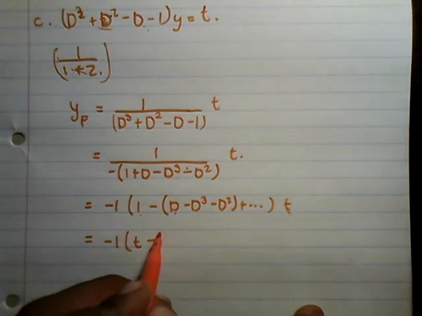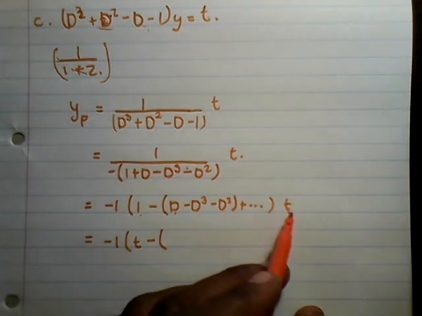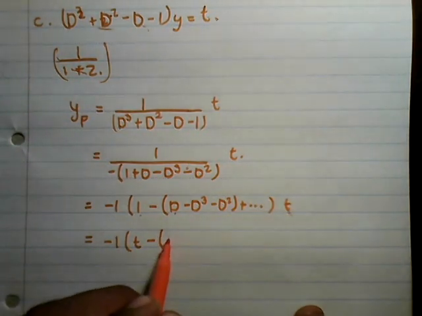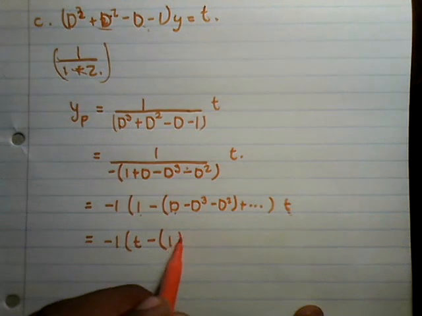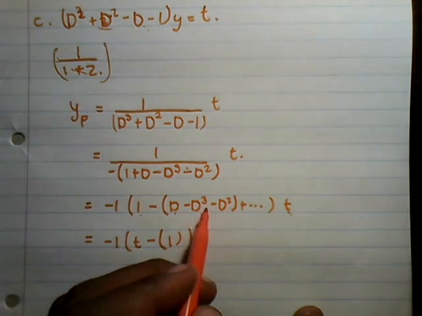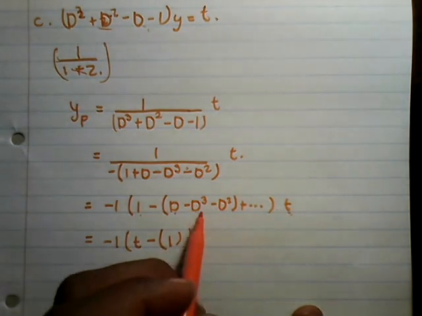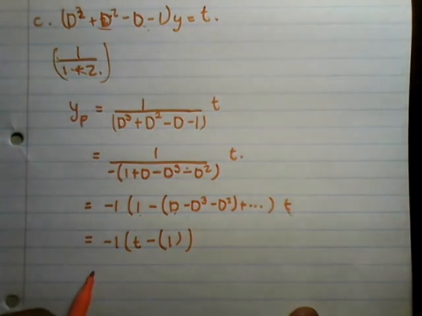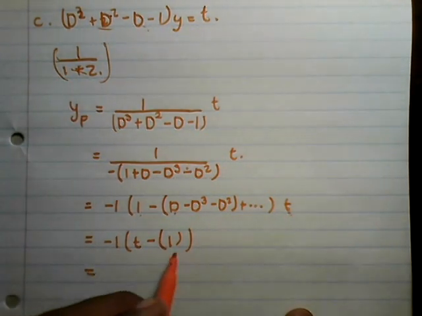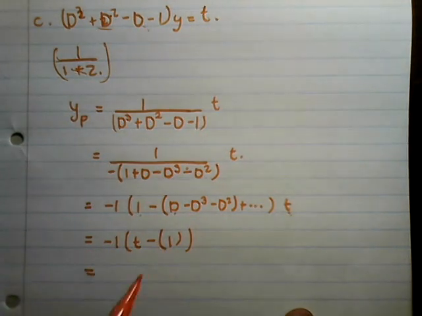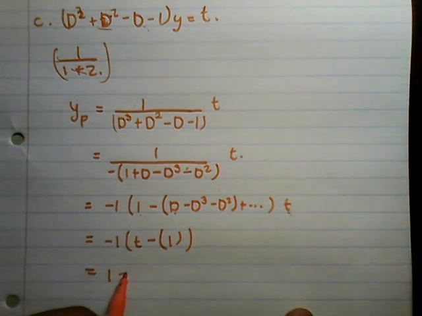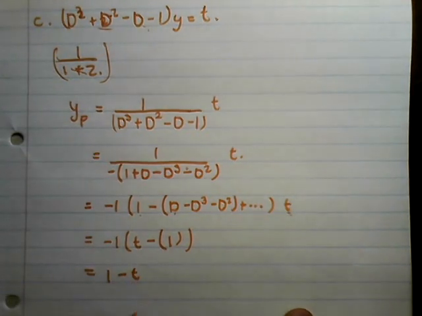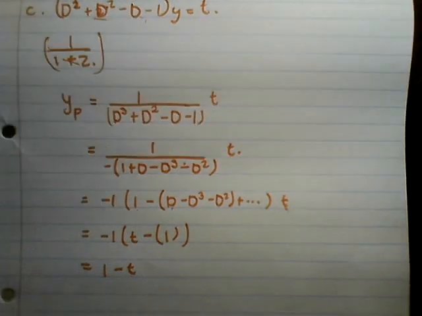Let me put a negative here and a 1 here. The third derivative of t is 0, so it ends here. When we multiply everything, we find something like 1 minus t. This is the answer for the particular solution of the question.